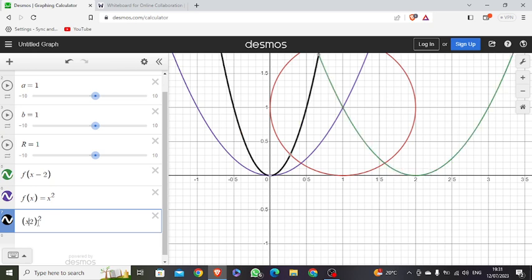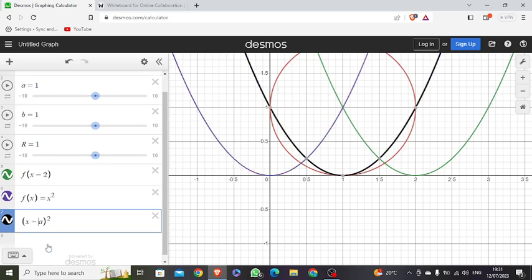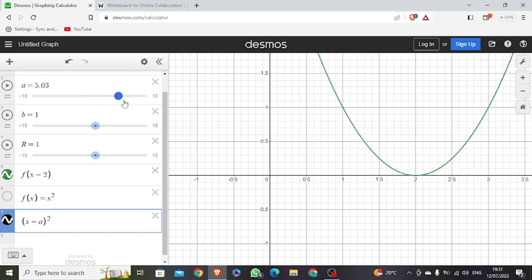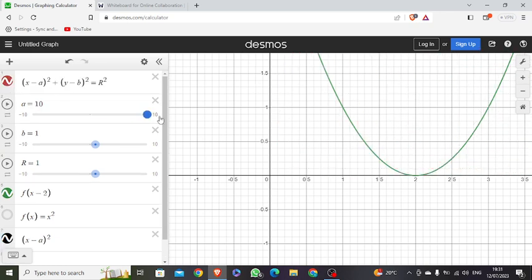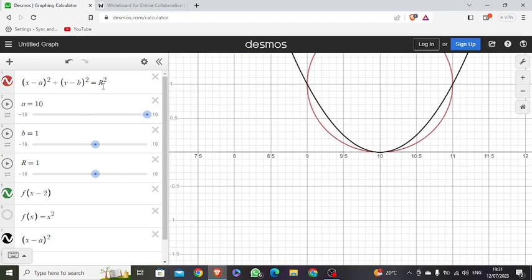So if we put something like x plus a, then it would be the opposite, and so in order to make it exactly what you want, forward or backward, you can make it x minus a. And so if you want to move it, let's say 10 forward, what you could do is make a equal to 10, and there you go.